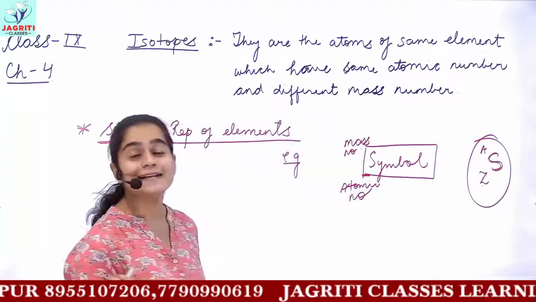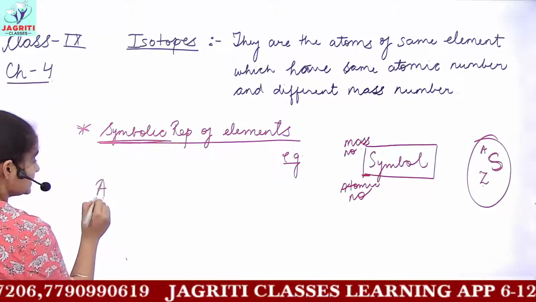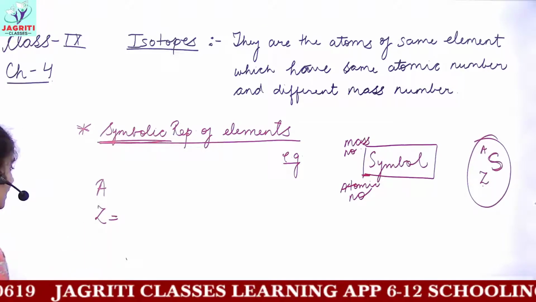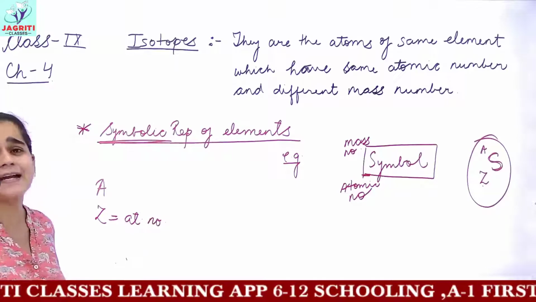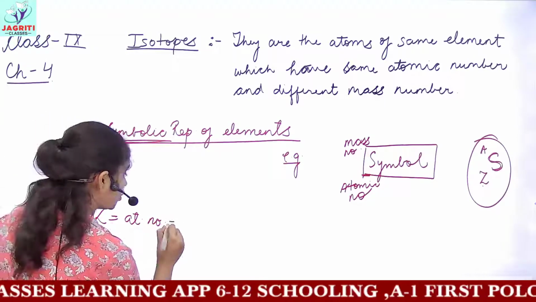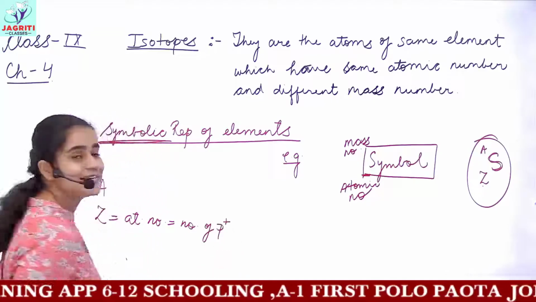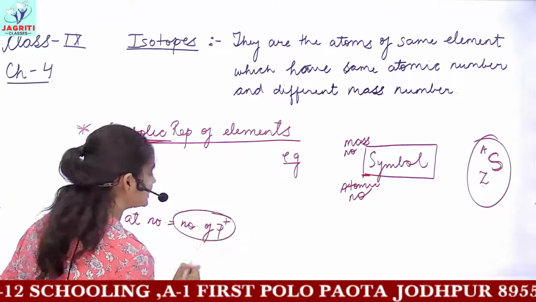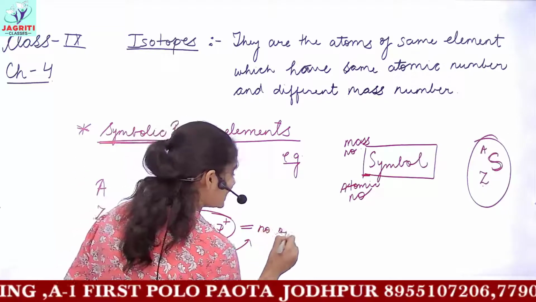We have already discussed in our previous video lectures what is meant by mass number and atomic number. Just a quick recap: Z symbolizes the atomic number of any atom or element, and atomic number is equal to the number of protons present in the element, and these protons are usually equal to the number of electrons.